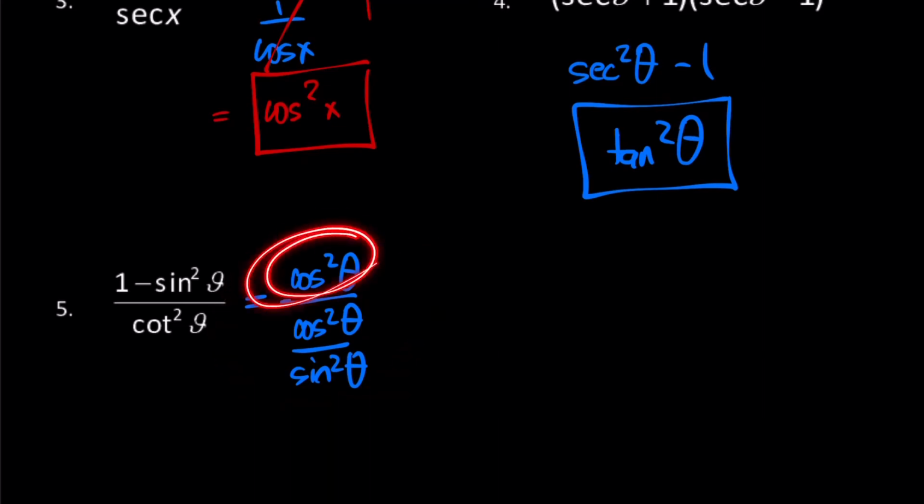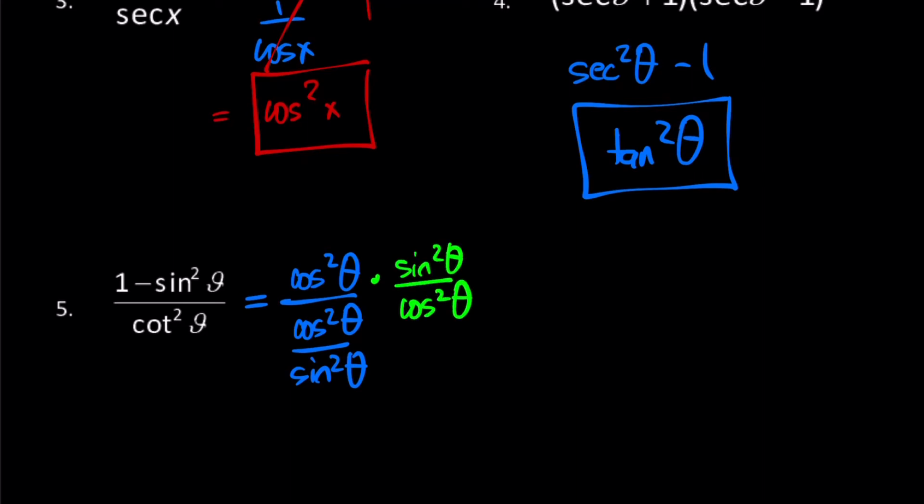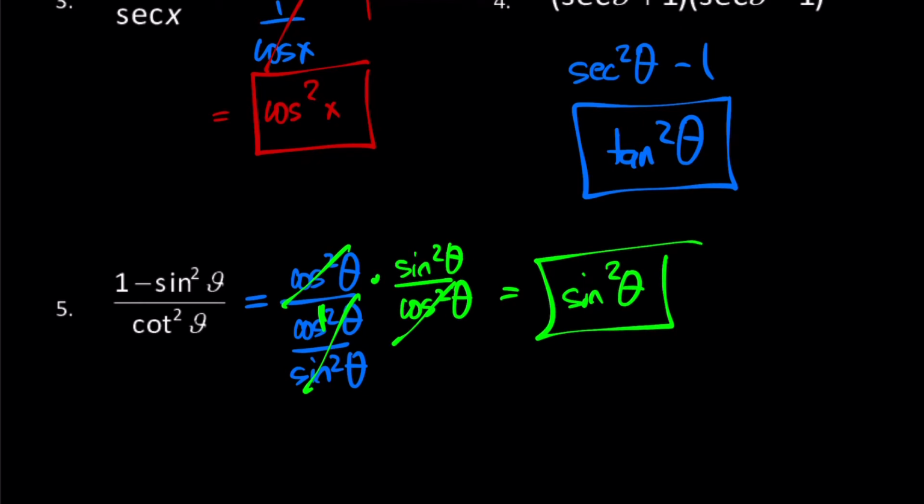Copy the top fraction, which is cosine squared over 1. Change to multiplication, and flip the bottom one. So that becomes sine squared theta over cosine squared theta. Now, when I go to multiply these, check this out. Now, this is cosine squared theta over 1. Those cancel, and you're just left with sine squared theta. Done. All right, proving identities.